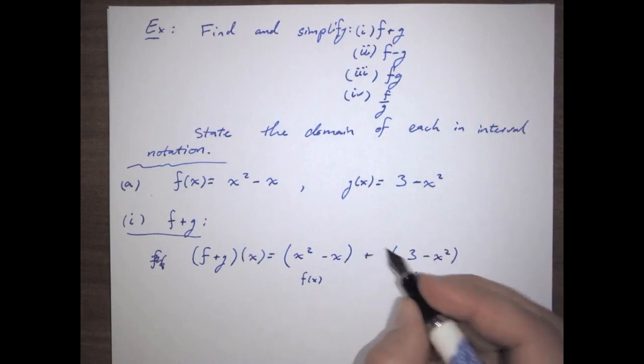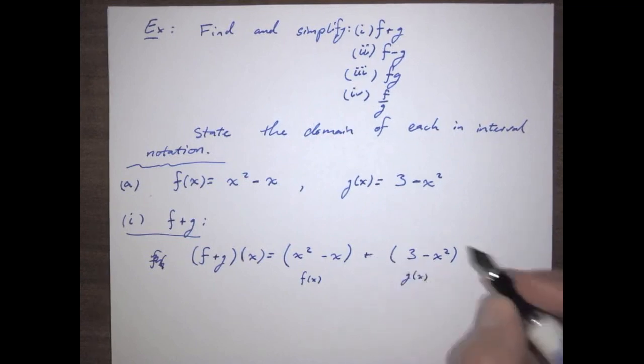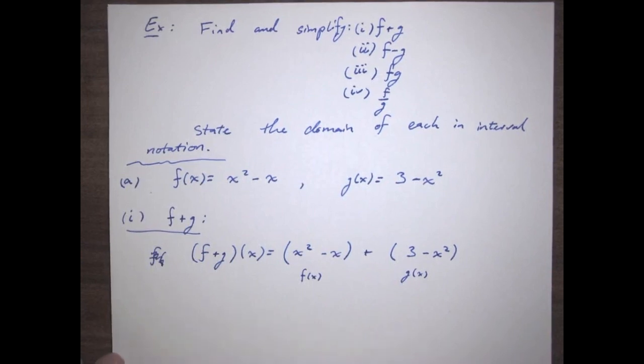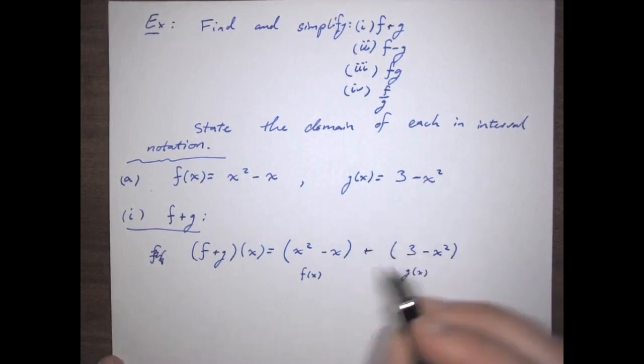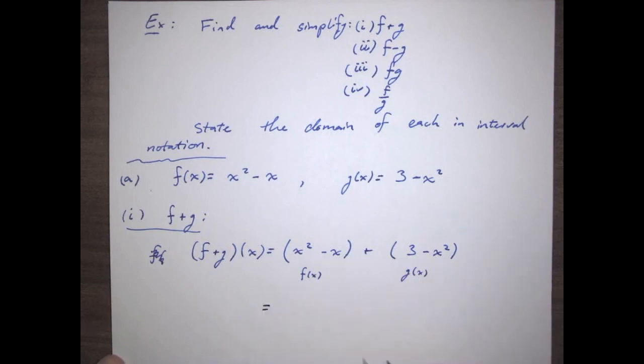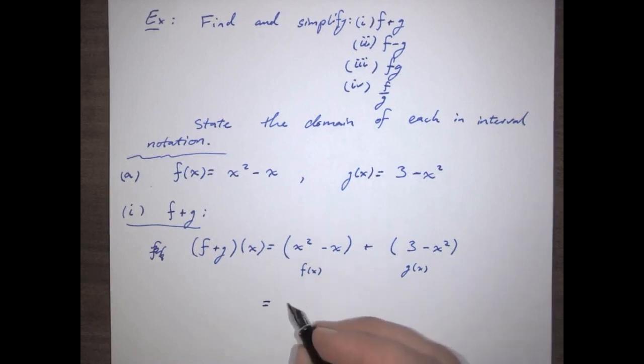Now, if this were any more complicated than it is, if this had been a minus, or if there had been a coefficient here, or if there had been a square here, then we would have to worry about these parentheses and distributing and everything. But as is, there's nothing going on here. There are no forbidden values of x here because there are no square roots, no divisions, nothing that can cause any of the usual domain issues.